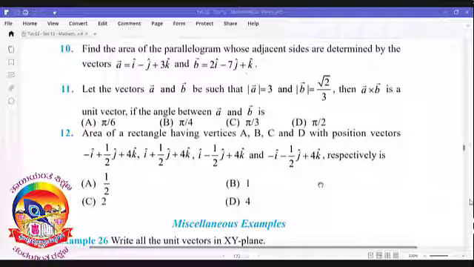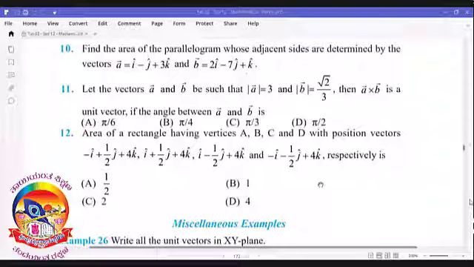Mod A into mod B into sine theta is equal to 1, right? So mod A is given as 3, magnitude of B is root 2 by 3, and sine theta is equal to 1. 3 and 3 get cancelled. Sine theta is equal to 1 upon root 2. Which value gives you 1 by root 2 in sine values? 45 degrees, right? So sine theta is equal to 1 upon root 2 means theta is equal to 45 degrees, which is equal to pi by 4 radians.